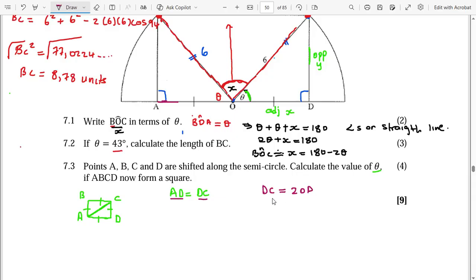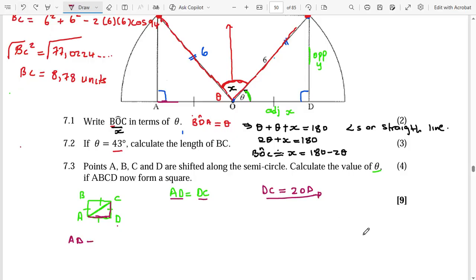This is where everything starts to be more confusing. But if you really understand this, let's work on this. Let me try to explain this. So I'm saying that if ABCD becomes a square, this side is going to be equal to that side, right? But remember, AD is the sum of, okay, let me write this down.